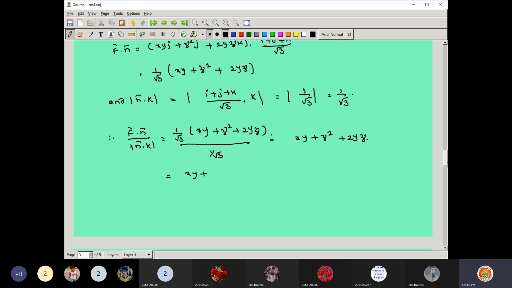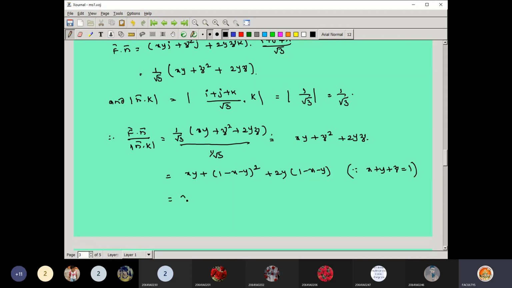So z you convert into 1 minus x minus y. Since there is a square, write the square: plus 2y times z, where z is 1 minus x minus y. The reason is that x plus y plus z equals 1, and it should not contain variables other than x and y.